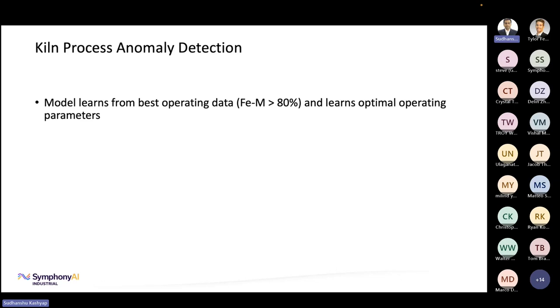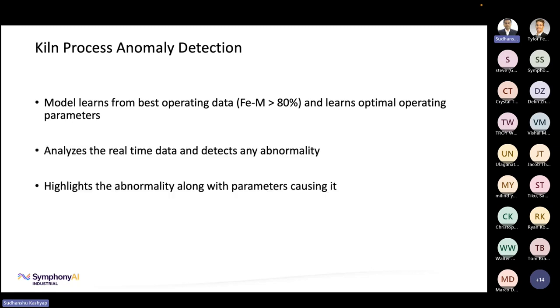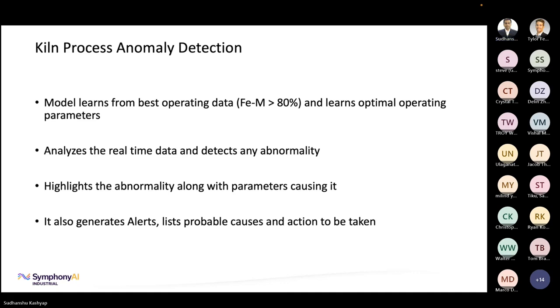It was producing the best reduction, that is, the required grade of more than 80%, and learns those optimal operating parameters. And then it analyzes the real-time data and detects any abnormality in that data, highlights those abnormalities along with the parameters causing it. It also can generate alerts, lists probable causes and actions to be taken.